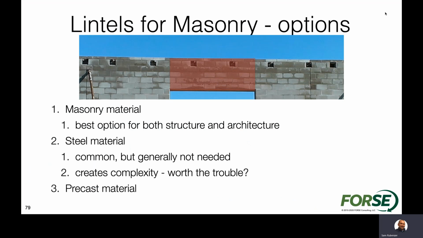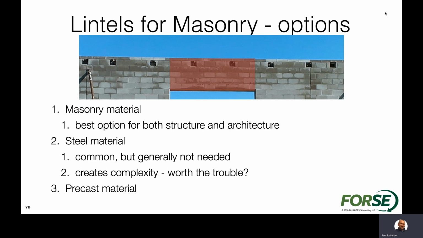Since we're talking about lintels, you can see that for masonry, lintels are just going to be the area above an opening that's going to span the opening. You have several different options that people have used in terms of different materials. Masonry materials for a masonry lintel is hopefully pretty straightforward.